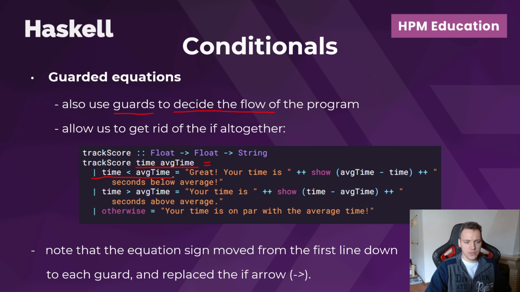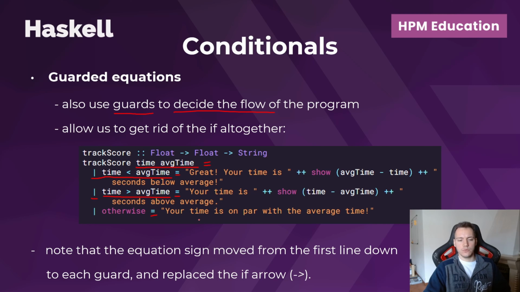So there's the pipe symbol and then the conditional statement, which evaluates to true or false. And then it's the equal sign and what we want the function to do in this case. Then for the next guard, we just simply go to the new line, define it on the same level, with another conditional statement and another equal sign, and the same for the otherwise.